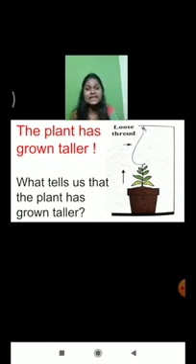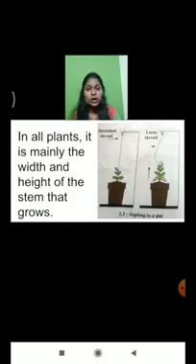So from this experiment, can I say that plants grow if we provide them proper nutrition for growth and development? What tells us that the plant has grown taller? There must be something. Okay, so in all plants it is mainly the width and the height of the stem that grows. Can you see the two diagrams?